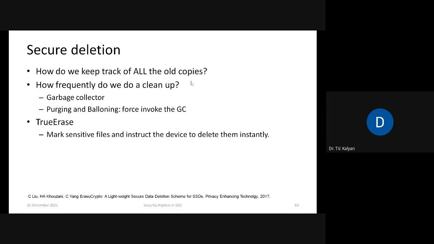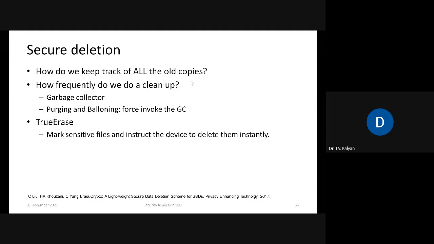And there is another proposal, which is TrueErase. This particular proposal touches upon different layers, right from the user till the SSD layer. What it expects is that the user marks each file with its importance. For example, there might be some files which are very, very important to the user, where we are storing some access information or, even though it's not suggested, maybe passwords or credit card information.